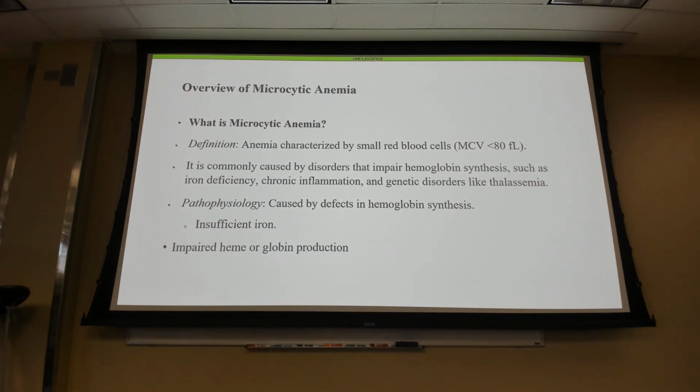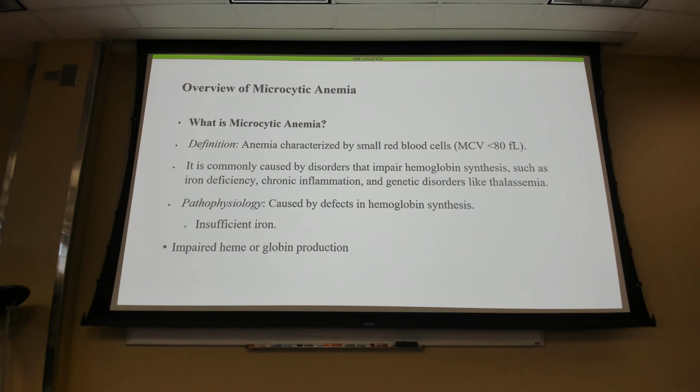Alright, what's microcytic? I think we beat this to death. Anemia, small RBCs, less than 80. Common disorder, hemoglobin synthesis, caused by defects in the hemoglobin. So when you think of the microcytic problems, think of all of them as a problem with the hemoglobin.